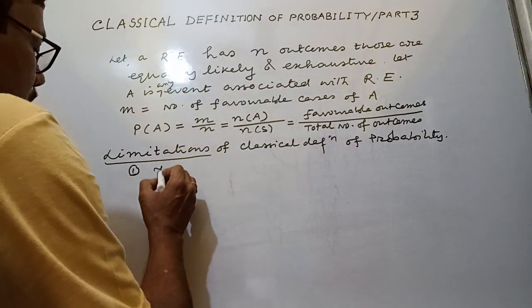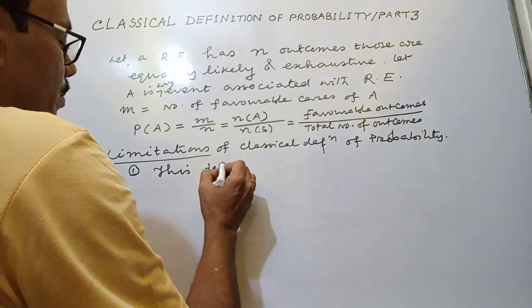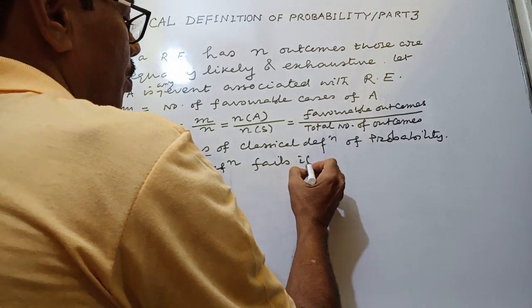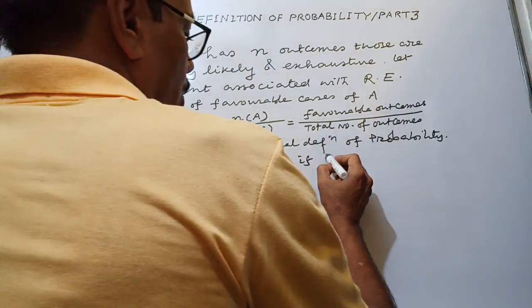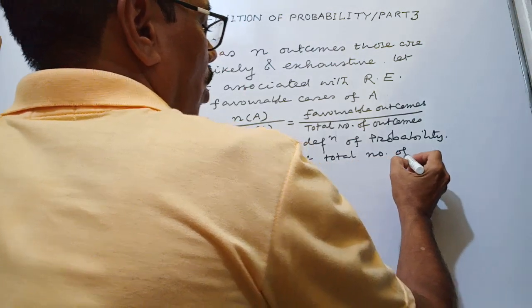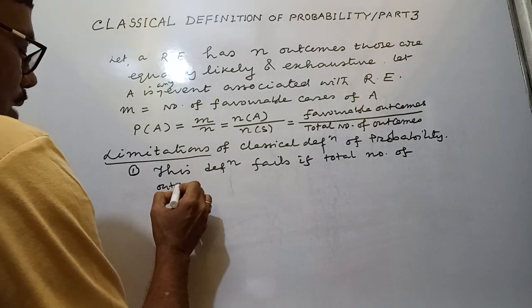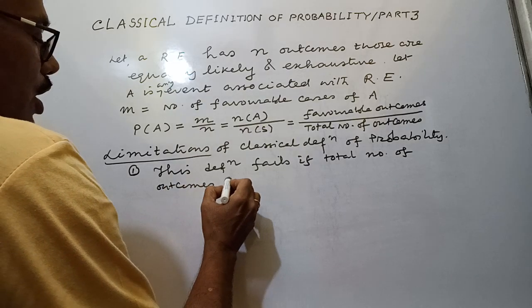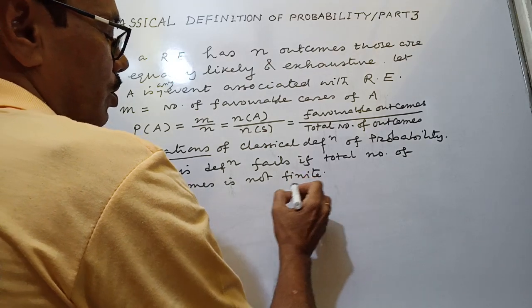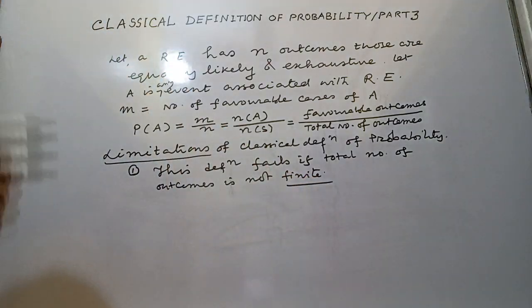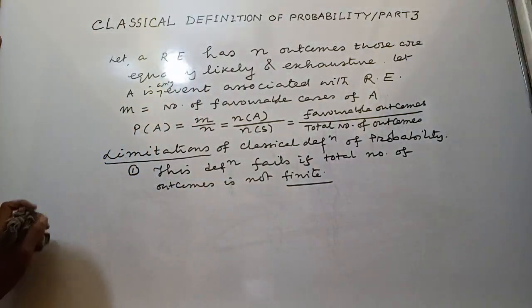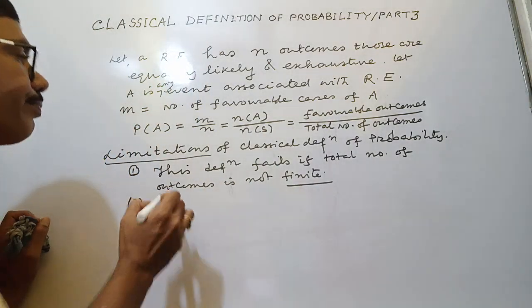So this definition fails if the total number of outcomes is not finite. This is very simple.